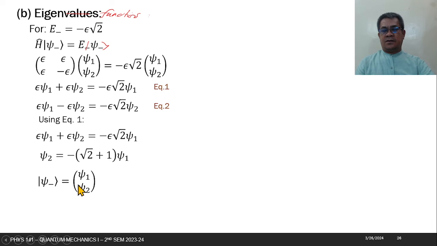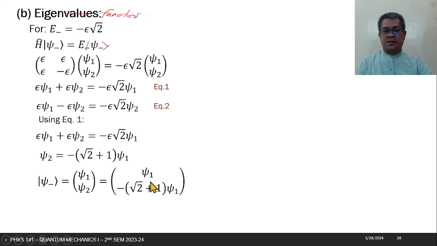Okay, so in other words, this psi using negative value of the energy is just equal to psi 1, psi 2. But your psi 1 is what? Let us see, psi 1 is psi 1. Then psi 2 is this term.